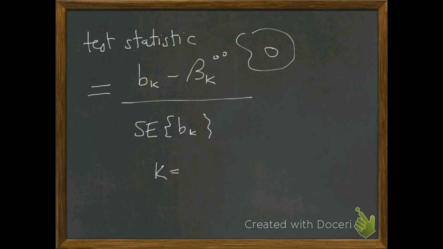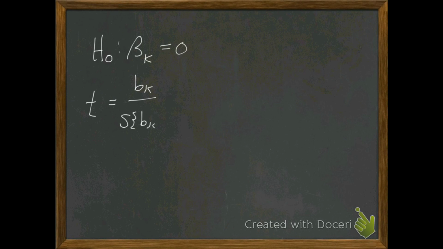And of course, this is for all of our k's from 0 up to p minus 1. From this, it would be easy to get a 95% confidence interval. So let's say that we are testing that beta sub k equals 0. Therefore, clearly our test statistic will be t equals b sub k over the standard error for b sub k.